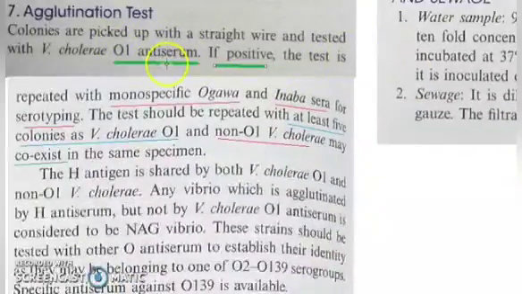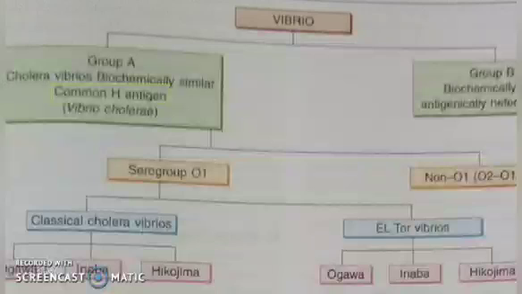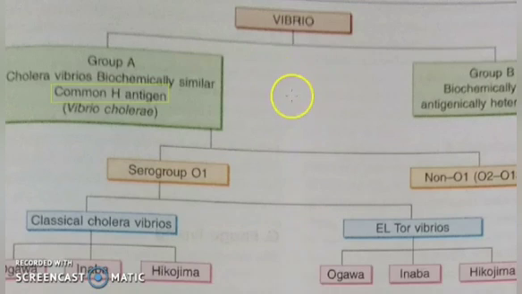In this agglutination test, first you will try with Vibrio cholerae O1 antiserum. If this O1 antiserum is positive, then you will go on to find out whether it is Ogawa, Inaba, or Hikojima. Actually, let us first try to understand the classification, then you will understand the agglutination part.